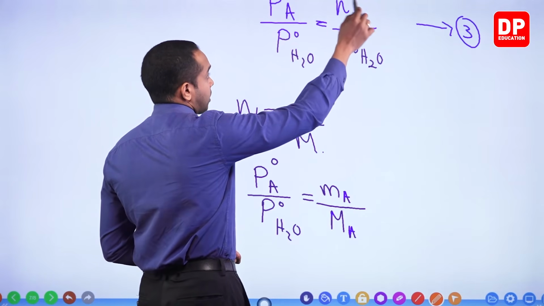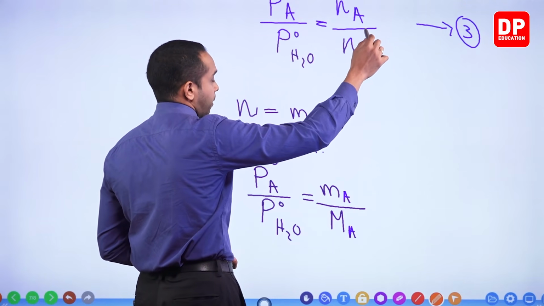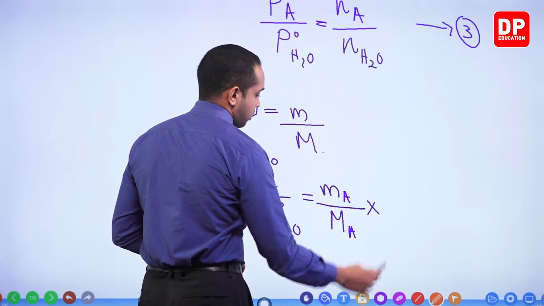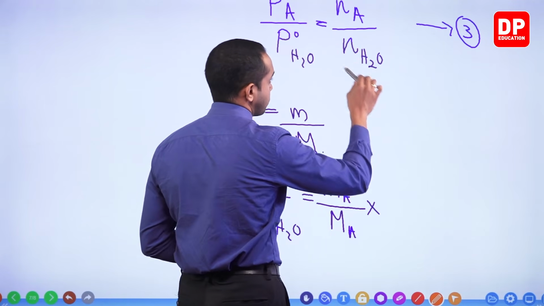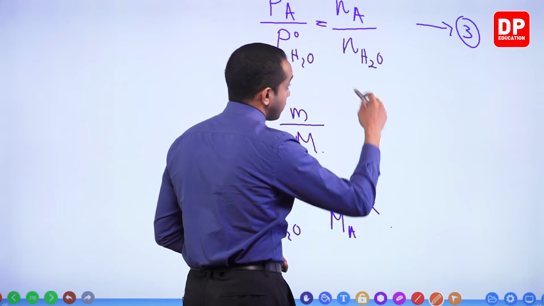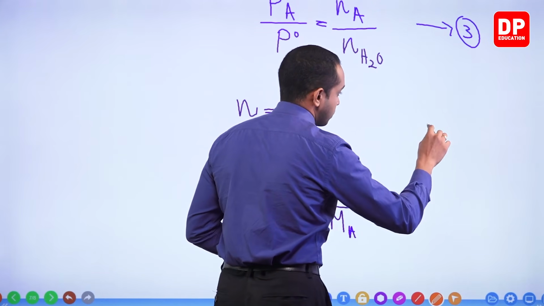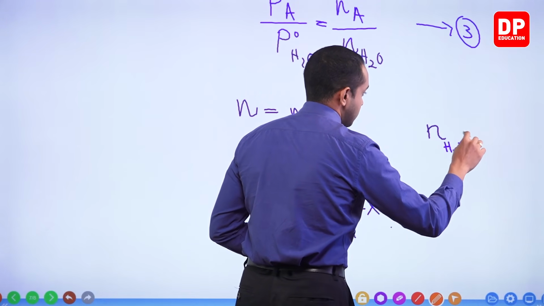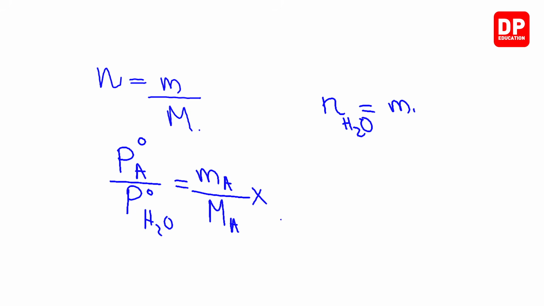That is for Na. Then we have NH2O. Since it is in the denominator, you have to be careful. So if you write NH2O over here for better clarity, NH2O is equal to small m H2O divided by capital M H2O.